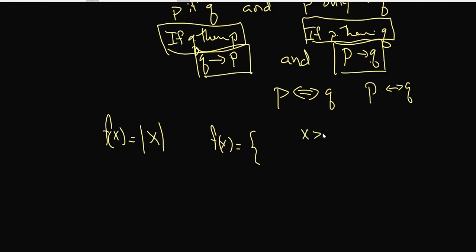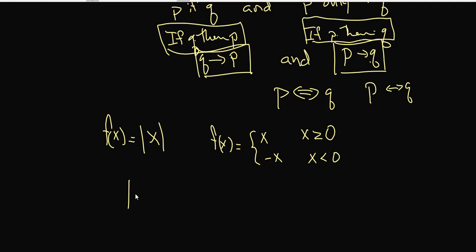If x is greater than or equal to 0, then we get x. And if x is less than 0, we get minus x. We talked about this before.